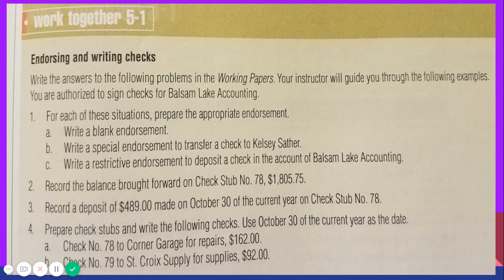All right, let's do a work together. So from your book, first step is there are 3 endorsements. Let's fill them out. First one was a blank endorsement, a special endorsement to Kelsey Sather, and a restrictive endorsement to deposit a check for the account of Balsam Lake Accounting.